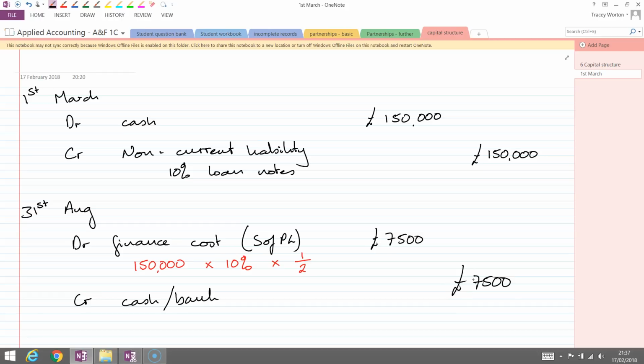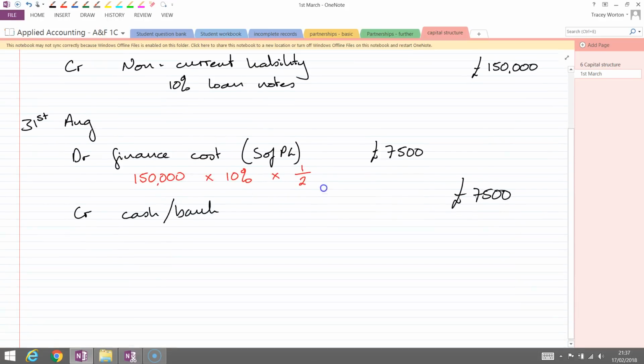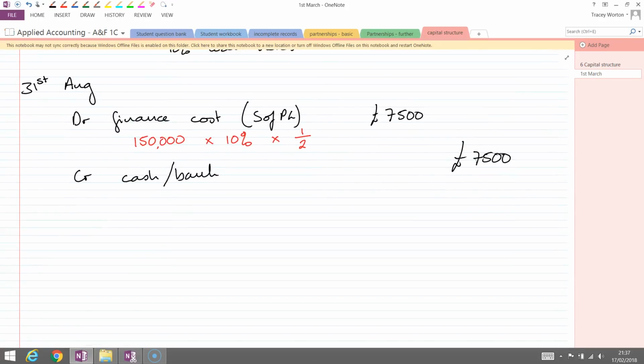So the other payment is not going to be made until February. However, we're going to draw up a year-end position in terms of December, so we need to accrue for that interest charge. So the 31st of December, we've got September, October, November and December, so we've got 4 months of interest to accrue for.